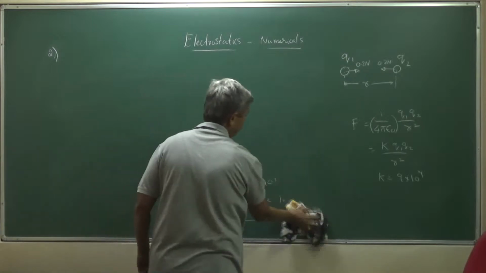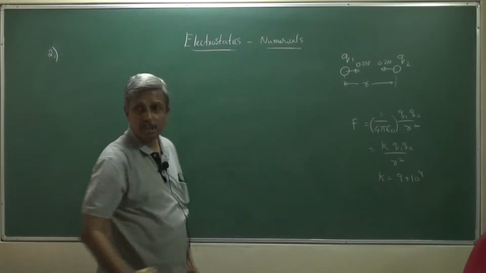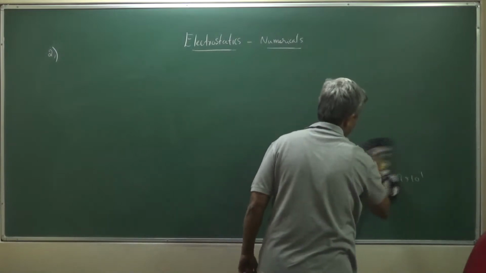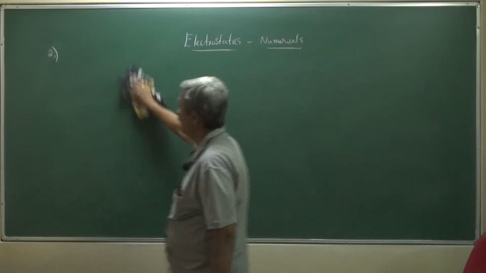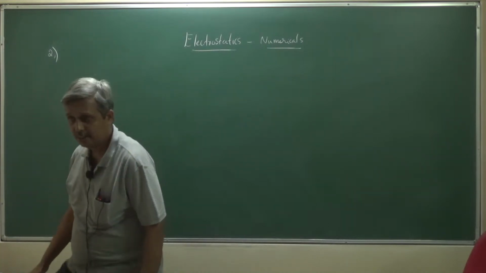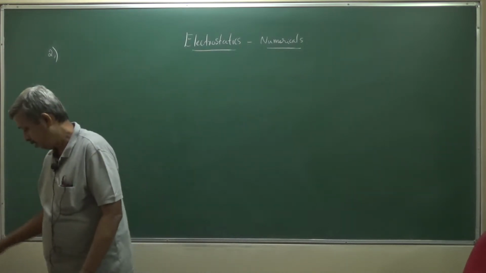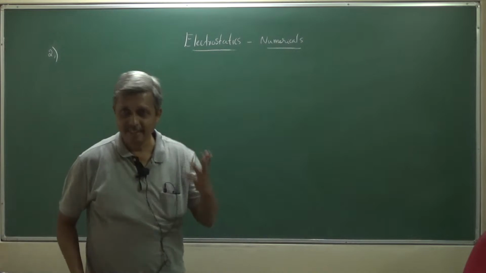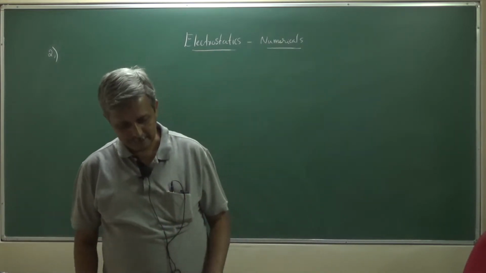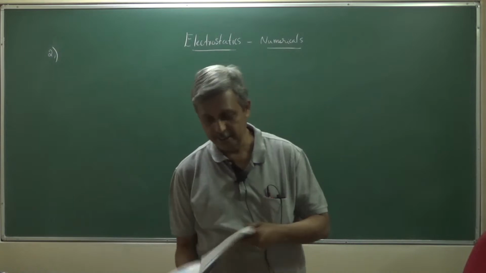For every question, you can see that I write the diagram, I write the formula, I write what is given, and then do all the SI units, and then the simplification. While doing the simplification, use some ideas of how to make the math simple. So that's the basic idea for doing numericals.